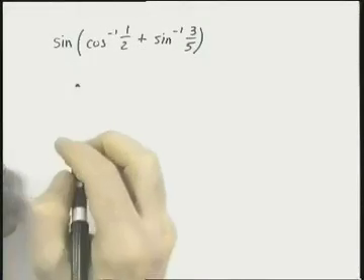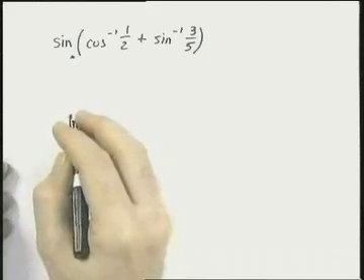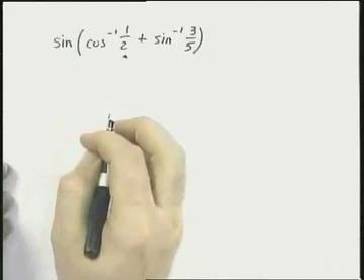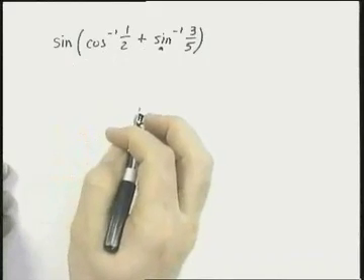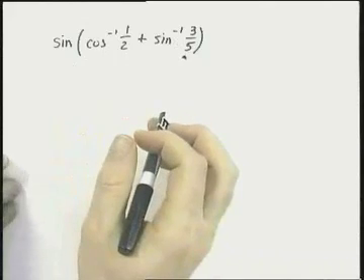In this next example, we're going to find the exact value of a trigonometric expression involving inverse trig expressions. What we have is the sine of the inverse cosine of 1/2 plus the inverse sine of 3/5.